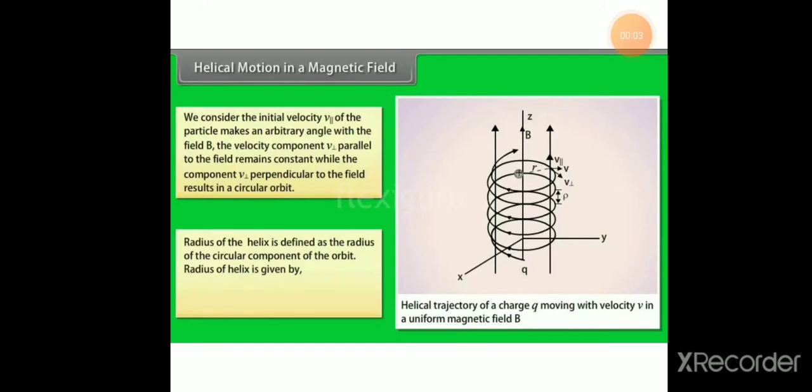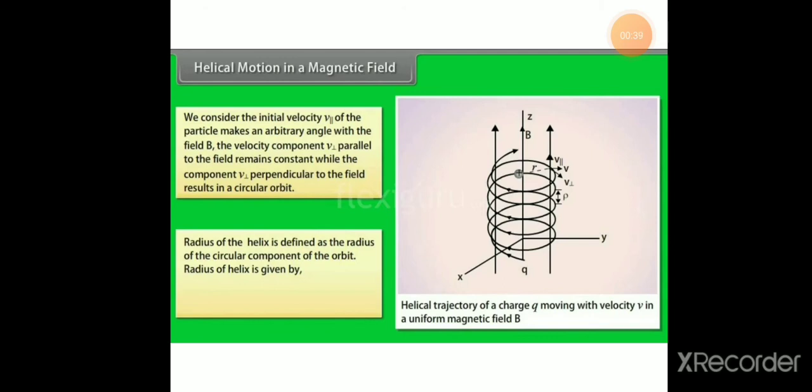Suppose the velocity of the particle is making an angle theta with the direction of the magnetic field. Then V can be resolved into two components, one along the direction of magnetic field B and another perpendicular to the direction of magnetic field B. The perpendicular component will force the particle to move along a circular path as discussed earlier, whereas the parallel component will help the particle to move along the direction of the magnetic field.